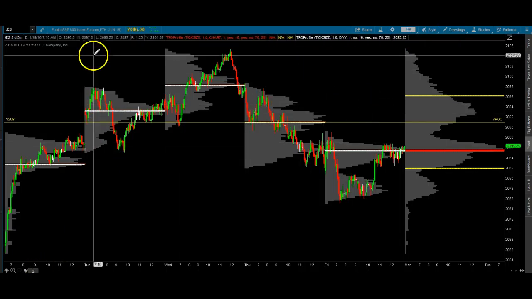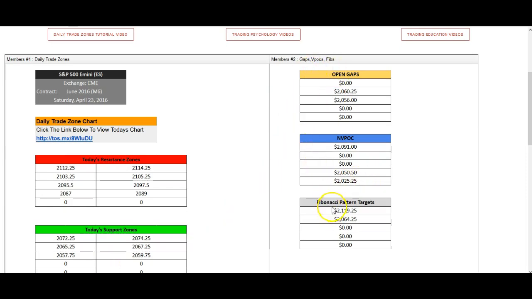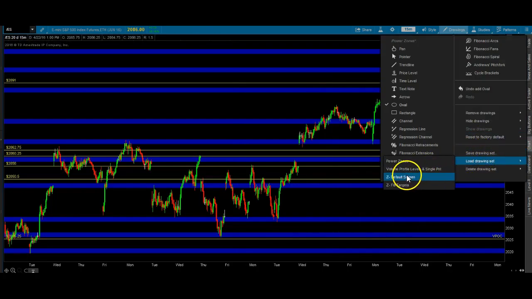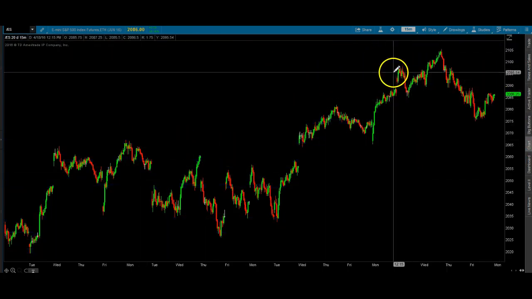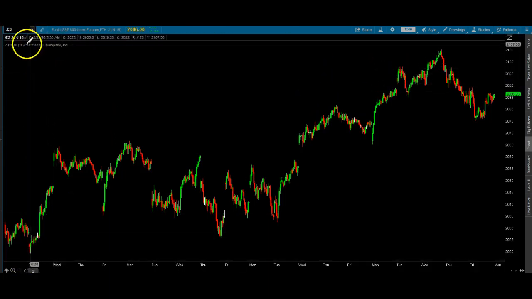And then finally, let's go back here to our Fibonacci patterns, targets, okay? What these are, they're bigger targets. And let's get rid of all these zones real quick, okay? As you can see, we have a head and shoulders pattern up here, right?